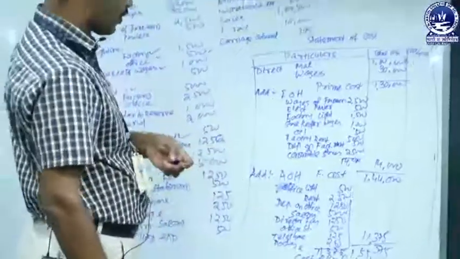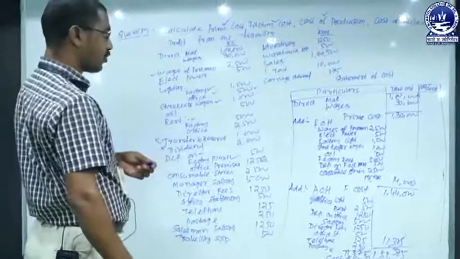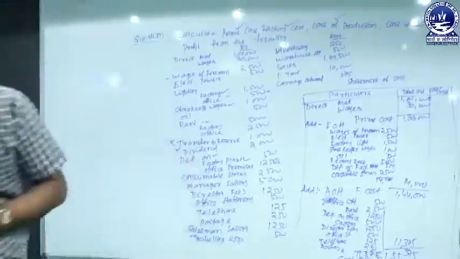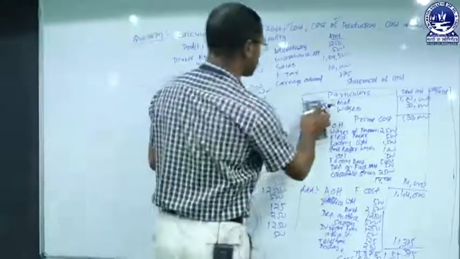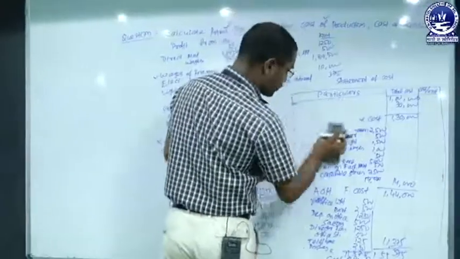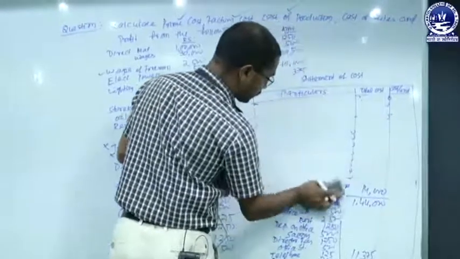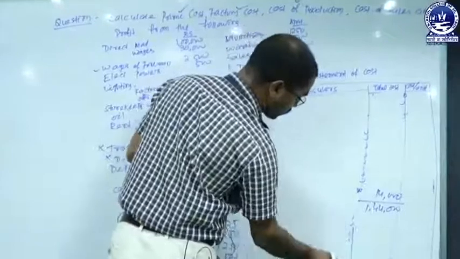Then when we add cost of production with selling and distribution overhead, that represents total cost or cost of sales. So for the cost of sales, we take into consideration the cost of production. There are certain items that come under selling and distribution overhead.